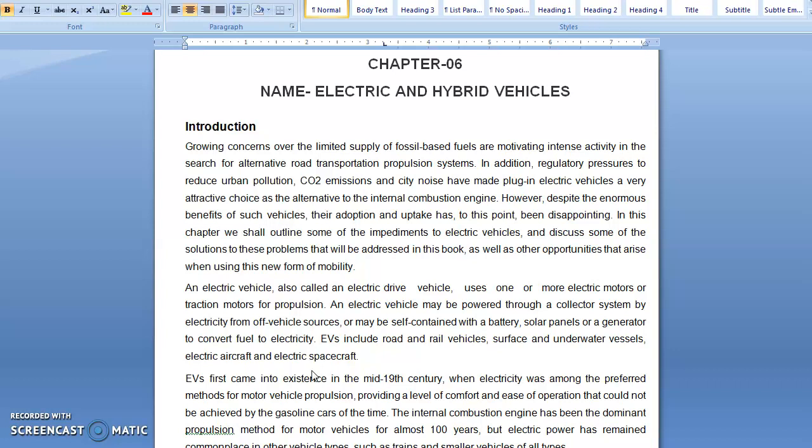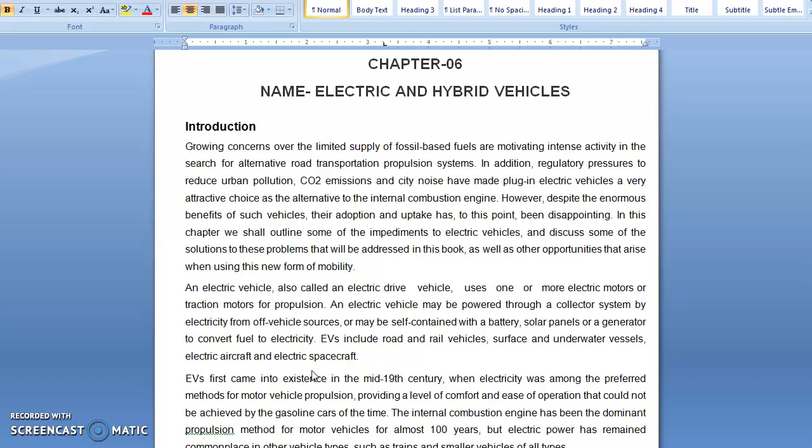In addition, regulatory pressure to reduce urban pollution, carbon dioxide emission and city noise has made plug-in electric vehicles a very attractive alternative to the internal combustion engine.